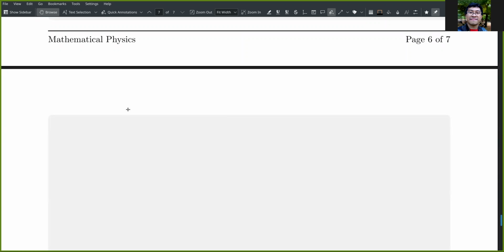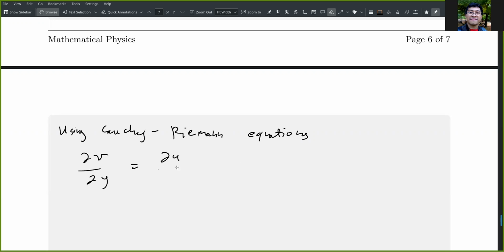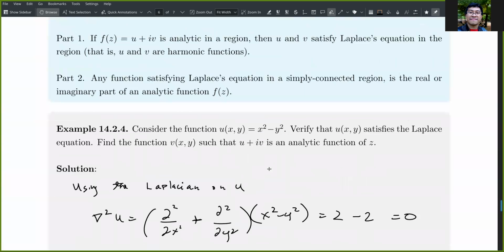Now we use the Cauchy-Riemann equations. Partial v with respect to y equals partial u with respect to x. So our goal is to find v. We already have u, so we need to find v. The partial derivative with respect to x of u, which is x squared minus y squared, is our given.